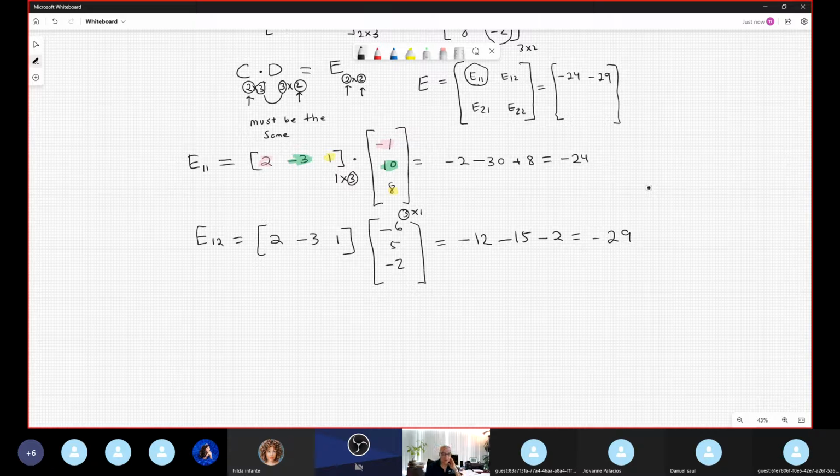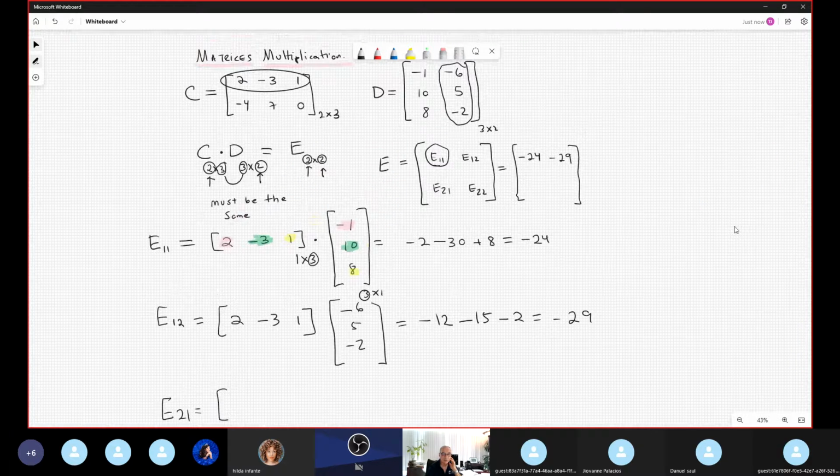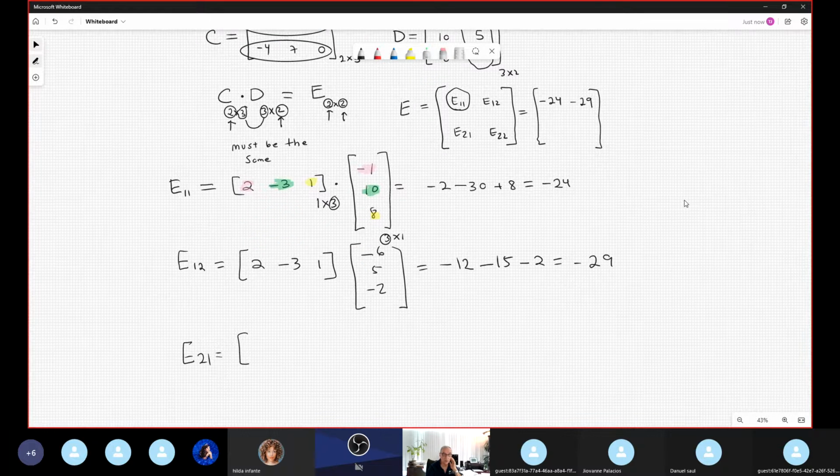Now likewise, E21, you select the row 2 of the first matrix. It is this one, -4, 7, 0, multiplication. In that case, the same, this row times the first column, -1, 10, and 8.